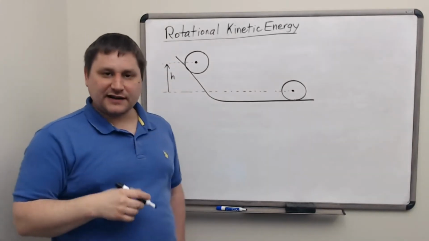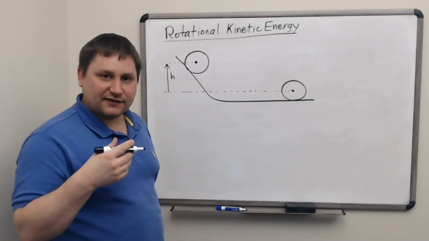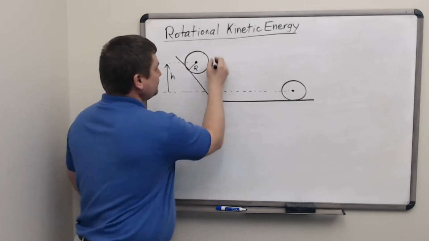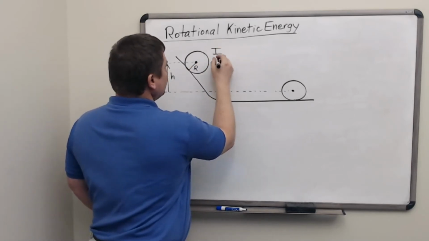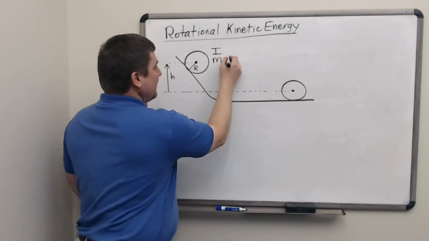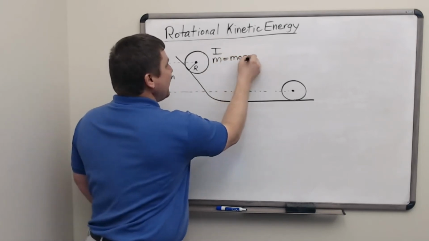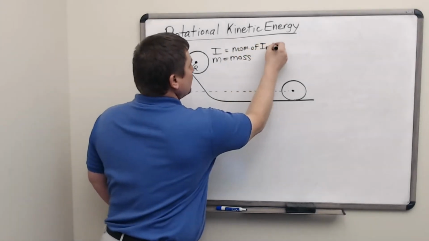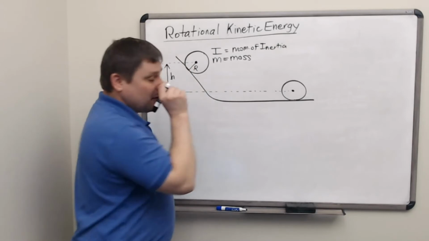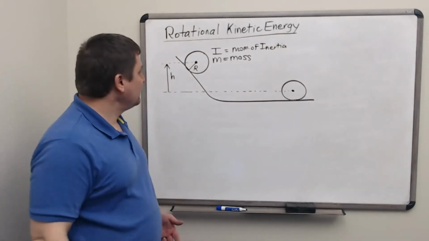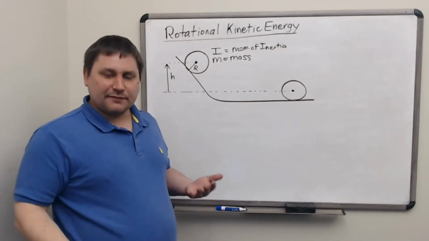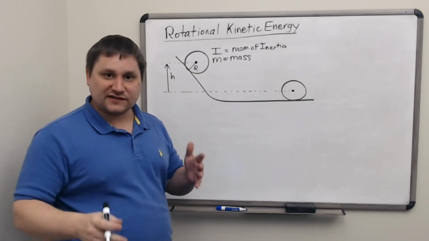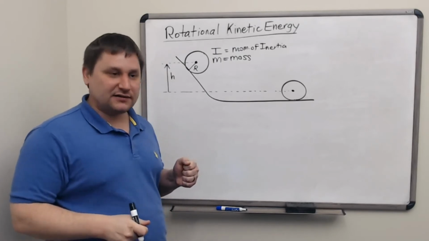What we're going to consider is an object that rolls on a surface at a radius r. The object has a mass symbolized by m and a moment of inertia symbolized by I. The moment of inertia will depend on the mass and the radius, but we don't know the exact formula because we are not going to specify the shape of this object.